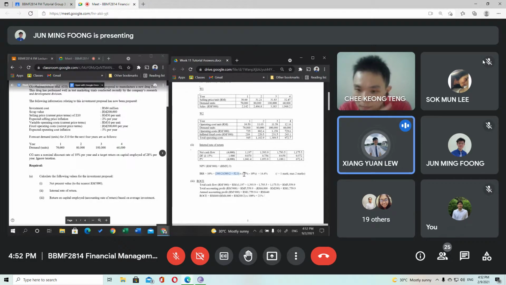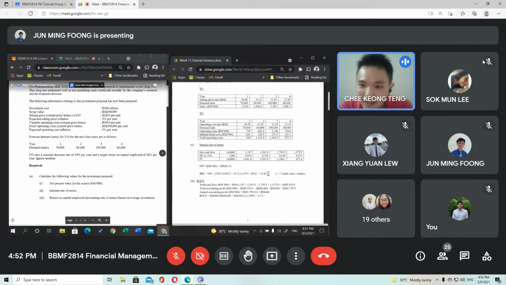Then multiply with the higher rate minus the lower rate, so multiply with 5%, then we get a final answer of 14.4%.